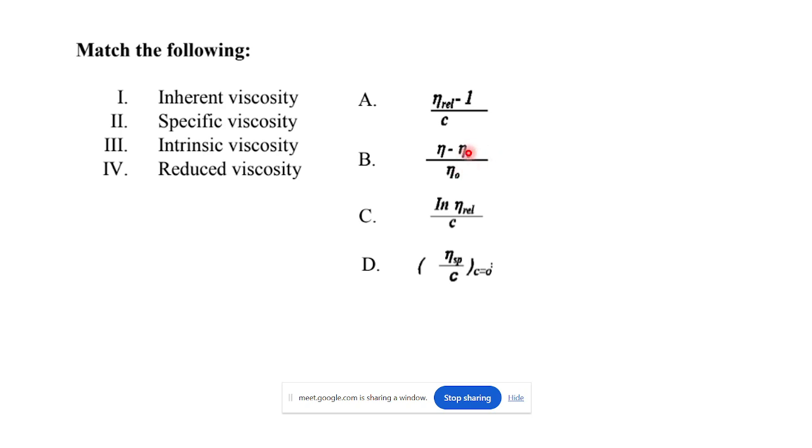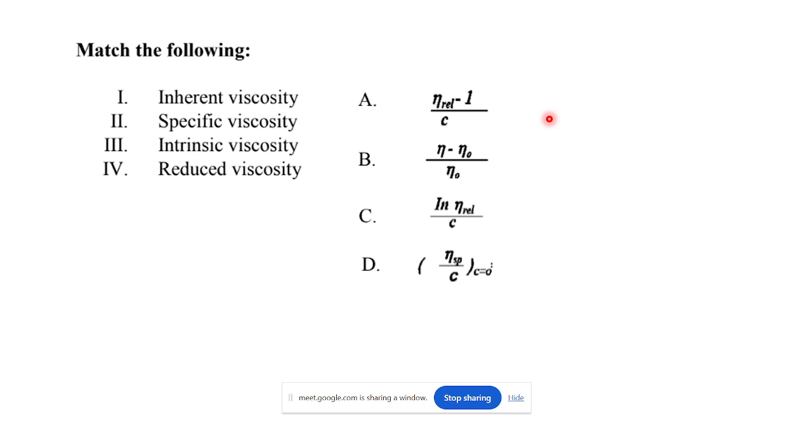It is the viscosity of your solution at a zero concentration or very dilute concentration. And again, if you are getting the intrinsic viscosity, you will get reduced viscosity, that is eta relative minus 1 divided by concentration. And these are just mathematical analysis and different calculations for different purposes.